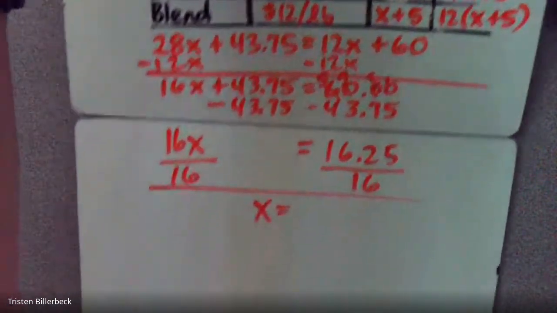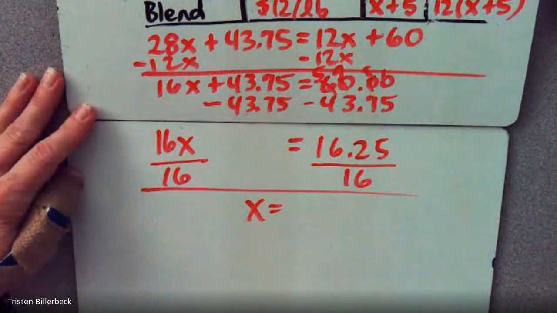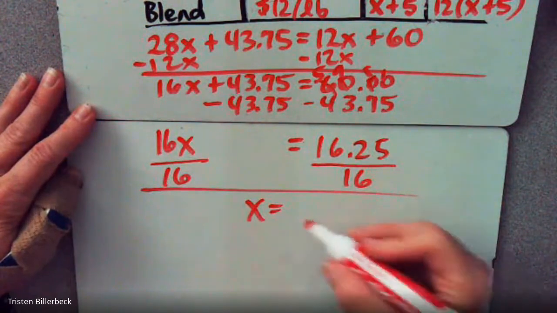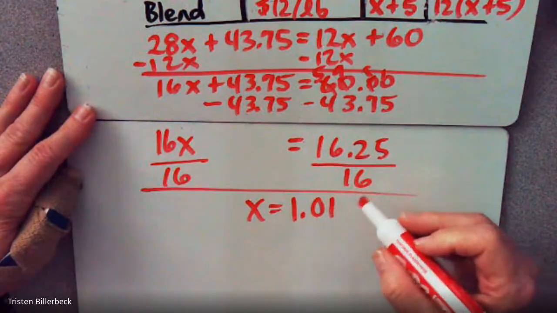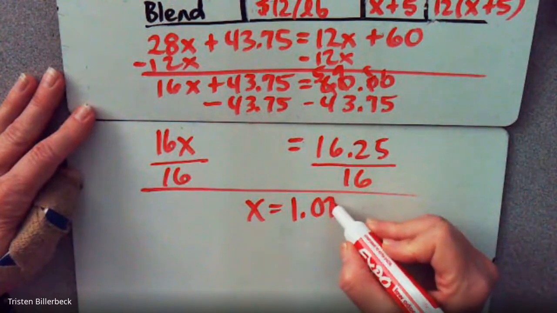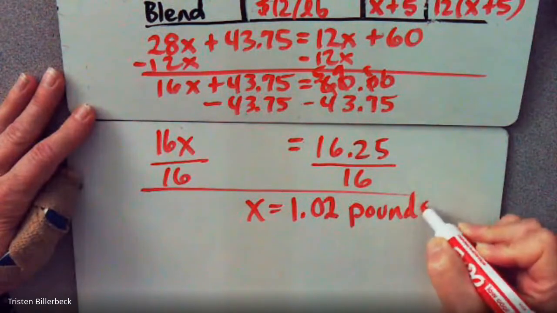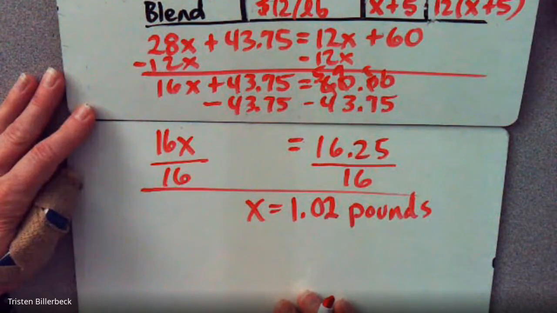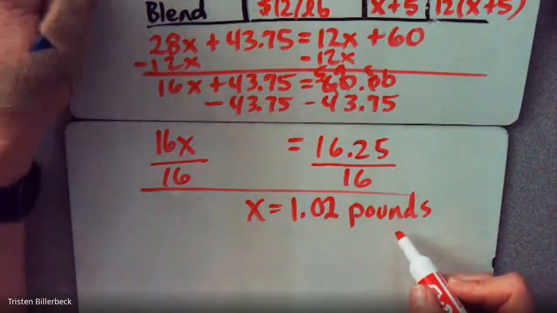Okay, I don't want you to miss out. So let's see how many pounds. Because I am tired and it's getting late, even though I'm teaching this to you in the morning, I'm using my calculator. So this is going to be 1.01, but it's 1.5, so we're going to round that to 1.02 pounds. So we just figured out that this is how much Arabica coffee.